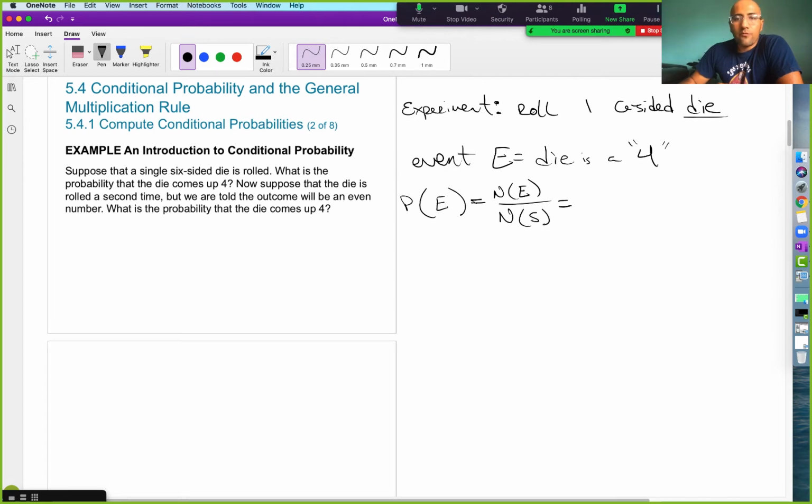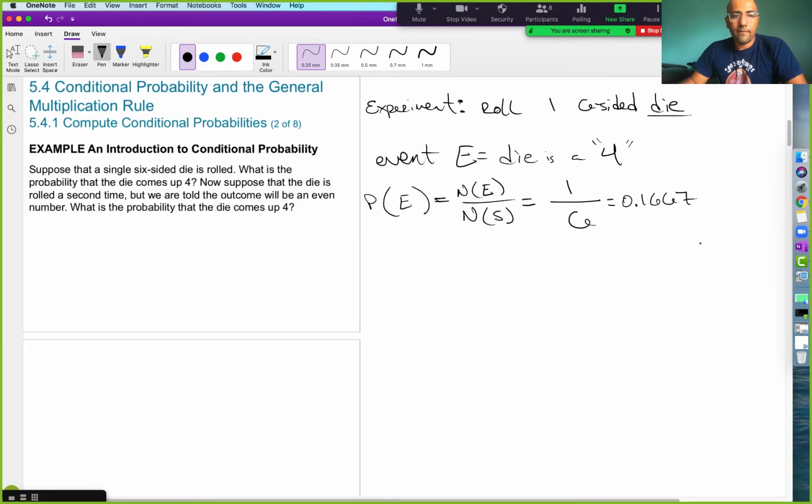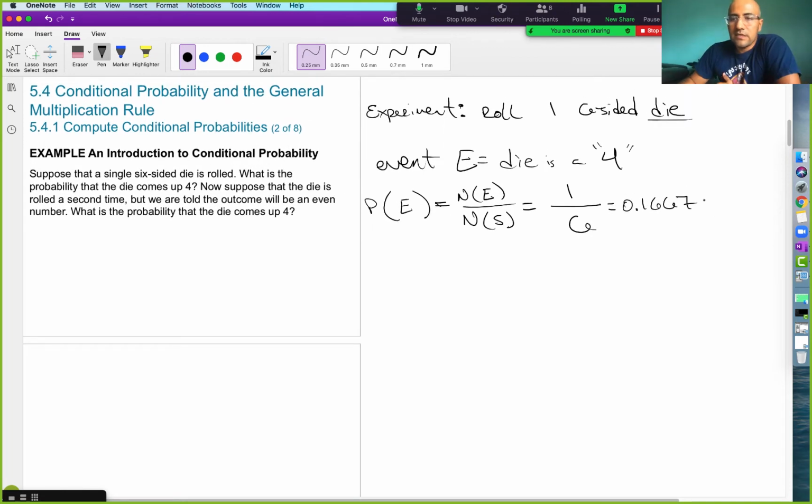The number of ways that a 4 can come up, there's only one way. Roll a 4. Very easy. And how many possible outcomes are there? Well, there are 6. So it's 1 out of 6, which turns into 0.16666, so we can round it to 0.1667. Or approximately 16.67%.